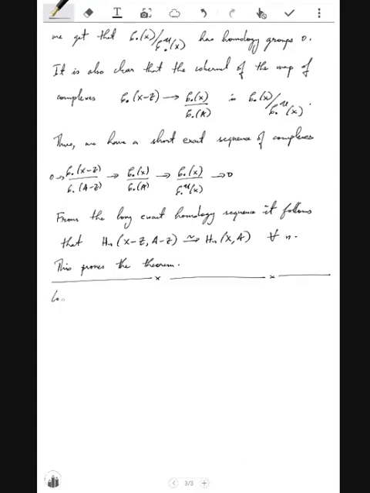As a corollary, we get: let U in R^m and V in R^n be open sets such that U is homeomorphic to V. Then m is equal to n.